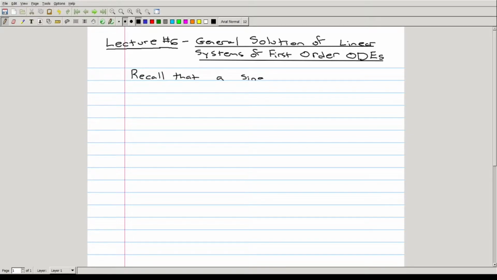And this is a single linear nth order, in general inhomogeneous ODE, which takes the following form.